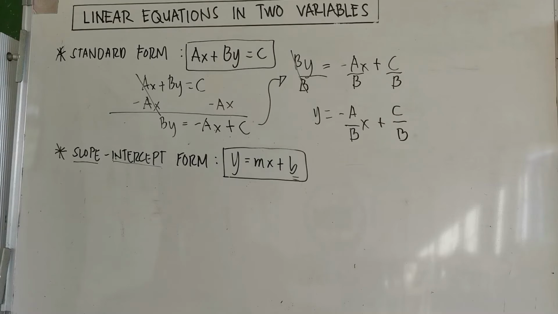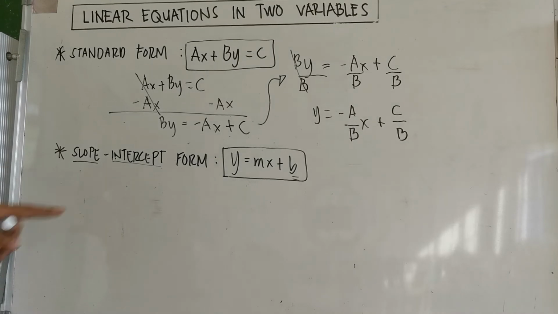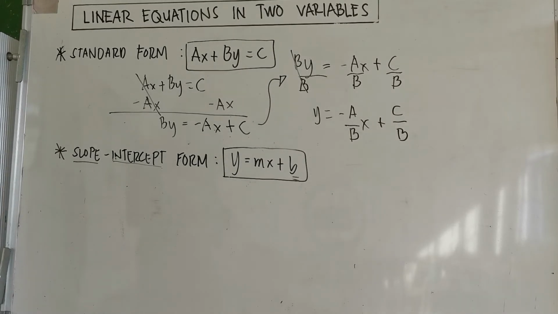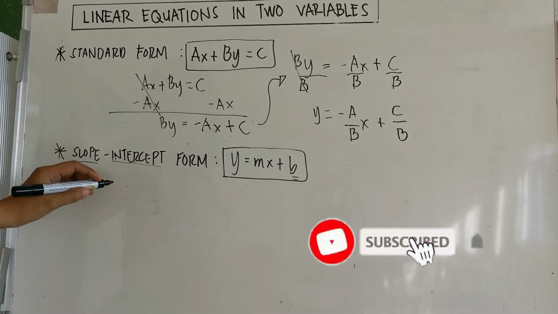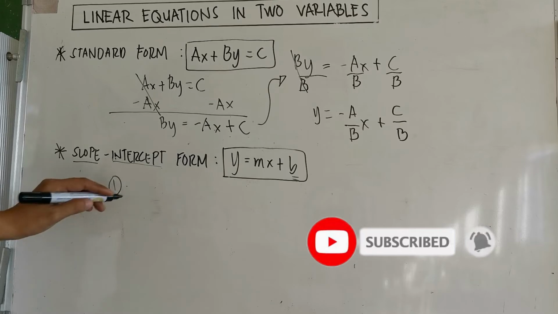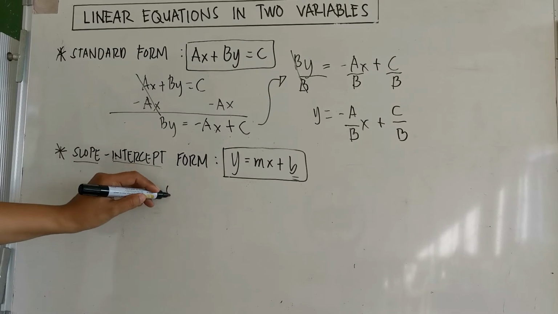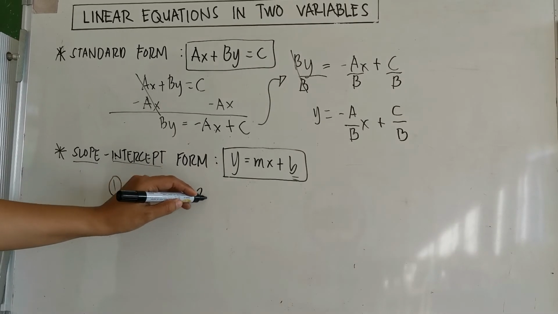Let us have an example of equation written in slope-intercept form. Then, identify natin ano yung value ng m at saka ng b or the y-intercept. Okay, let's say we have y is equal to 5x minus 2.